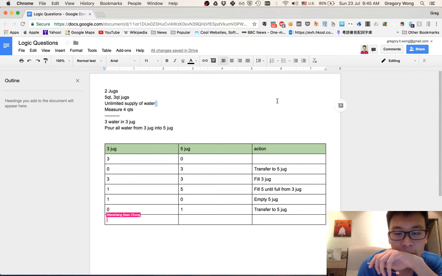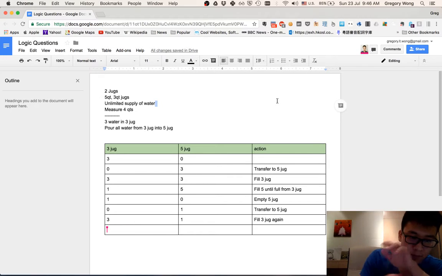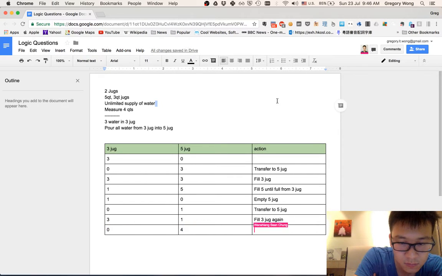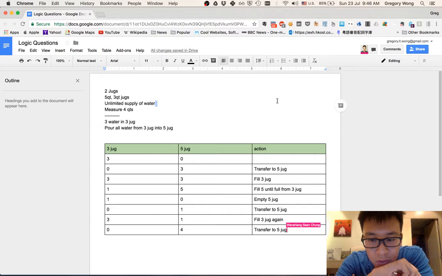Then you fill the 3 jug again, then transfer everything into the 5 quart. So in the 5 quart jug, you have 4 quarts.